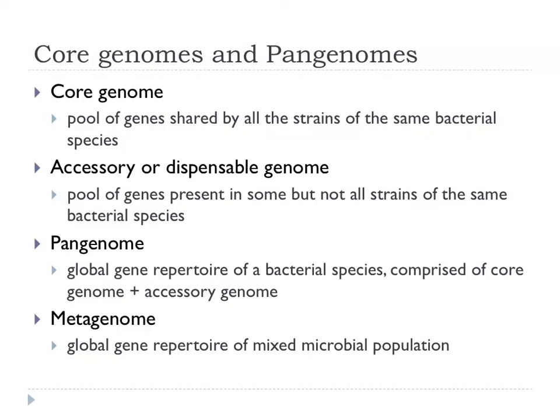Don't have to be in all of them, but in any one of them. And metagenome, the term is applied to the gene repertoire of a mixed population of cells. So kind of one stage further on. So you could talk about the gut microbiota metagenome to be the sequences associated with all the bacteria that live within your gut as a mixed microbial population.